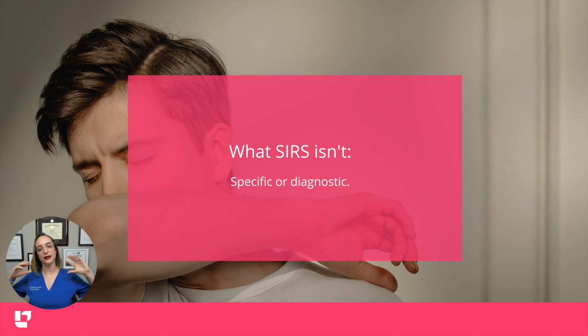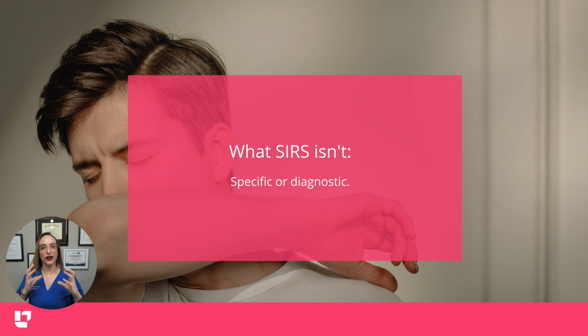It is a constellation of presenting findings, assessment findings for your patient that lets us know something is going on inside this body that has the body's immune system really worked up. It is not specific to infection, to trauma, to anything else.